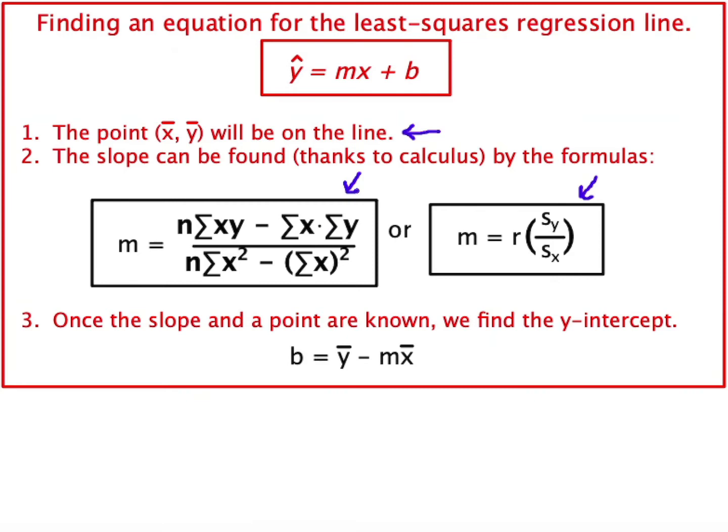Once you know the slope and a point on the line, which we should from the formula and from those mean values, we should be able to find the b in mx plus b, which is really just plugging in our x, y point that we know, the slope that we found, and solving for b by subtracting that mx to the other side. So this looks like a special formula, but really it's just finding b the way that we used to in algebra class.